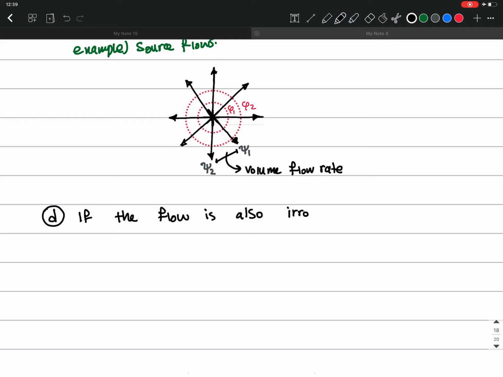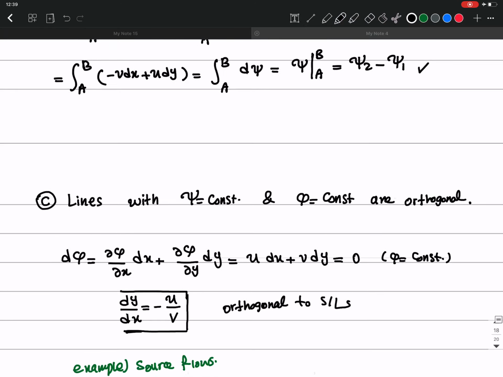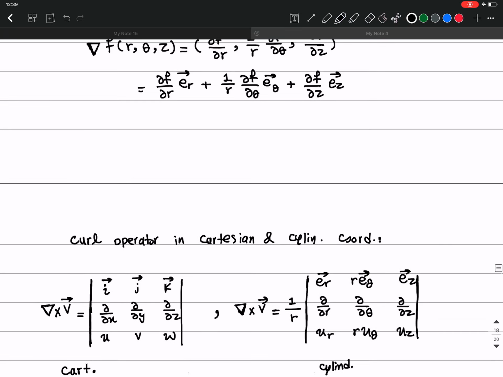So we didn't have the irrotationality requirement for having a stream function, but just imagine if it is also irrotational, then this means that the curl of the velocity vector should be 0. So in 2D flows, the only component is going to be in the z direction, which is the k component.